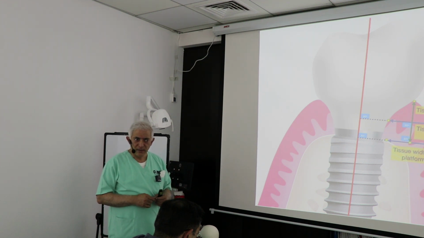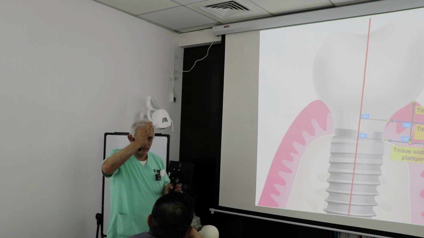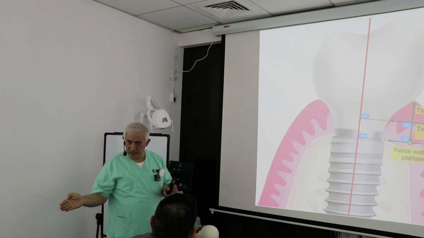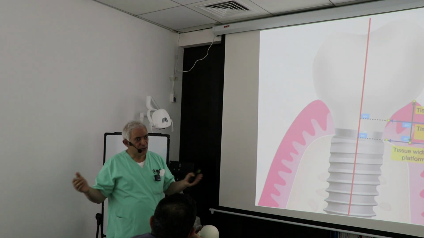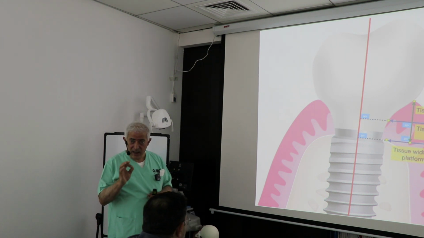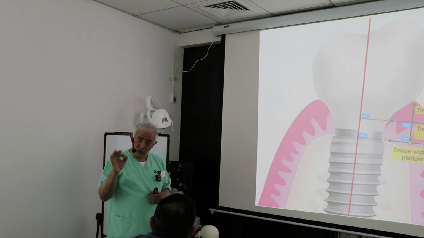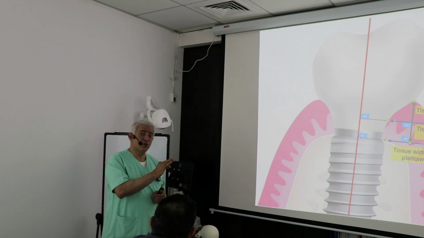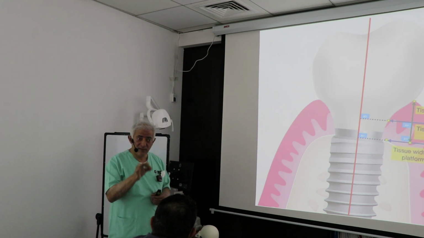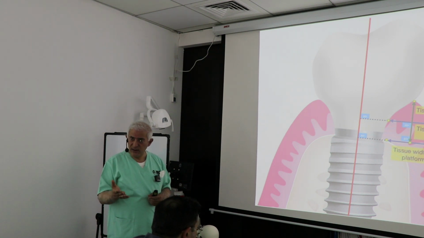So what I did, I changed the porcelain fused to metal to a zirconia bridge. There was no calculus. So that means if the lab does a good polishing with zirconia and a good polishing with porcelain fused to metal, you can have less calculus with zirconia.